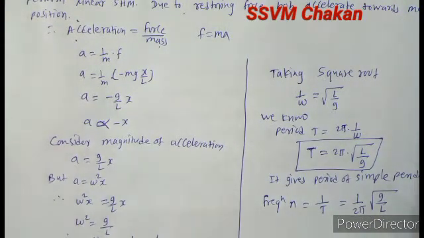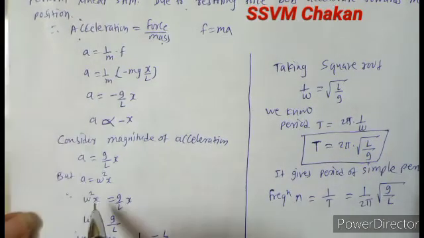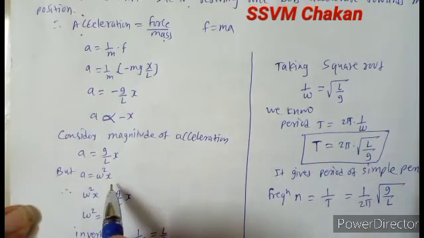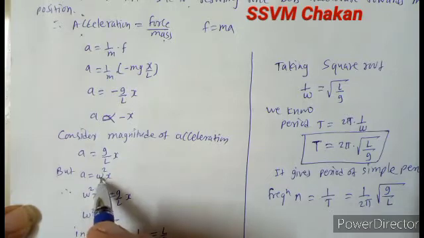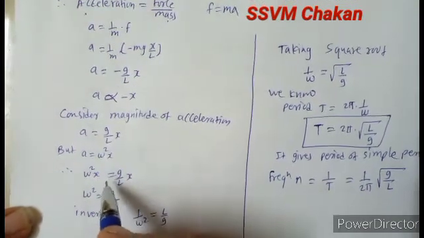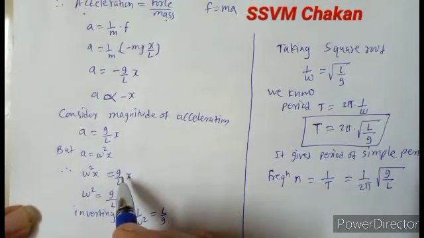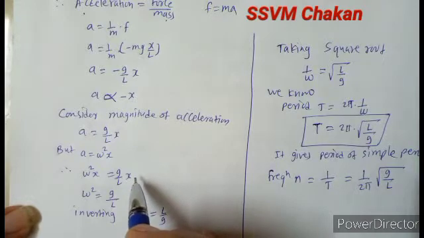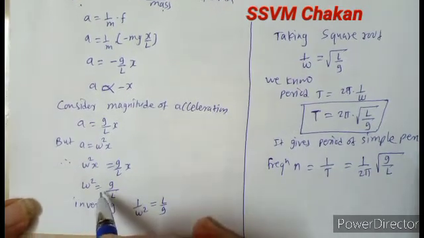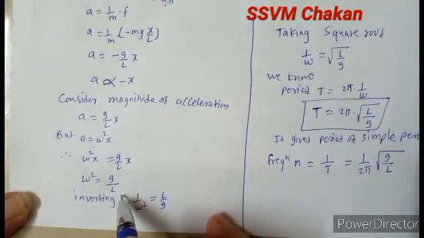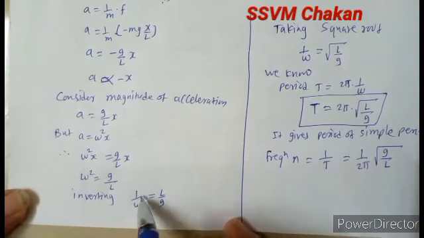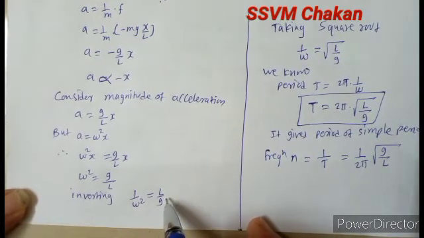We know for SHM acceleration is equal to omega square x. So both are the acceleration, and we equate both equations. So omega square x equals g divided by L into x. Omega square equals g divided by L. Inverting, 1 upon omega square equals L divided by g.